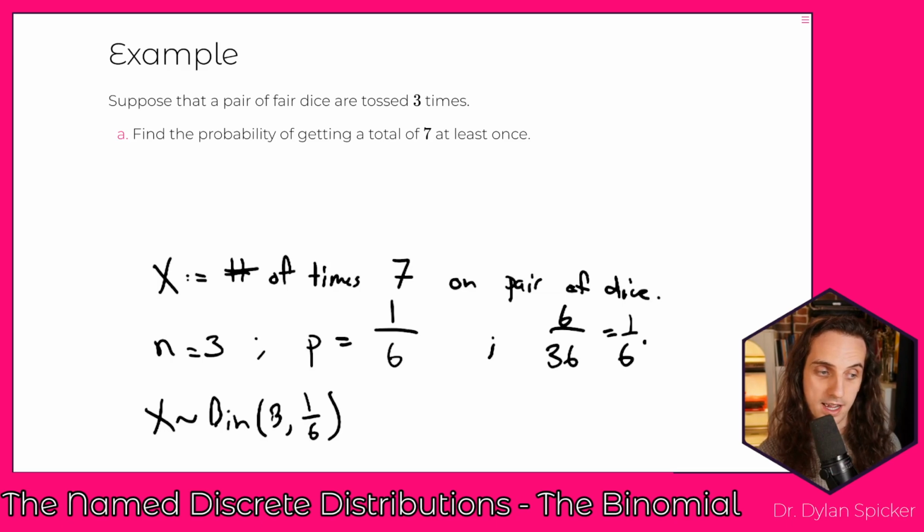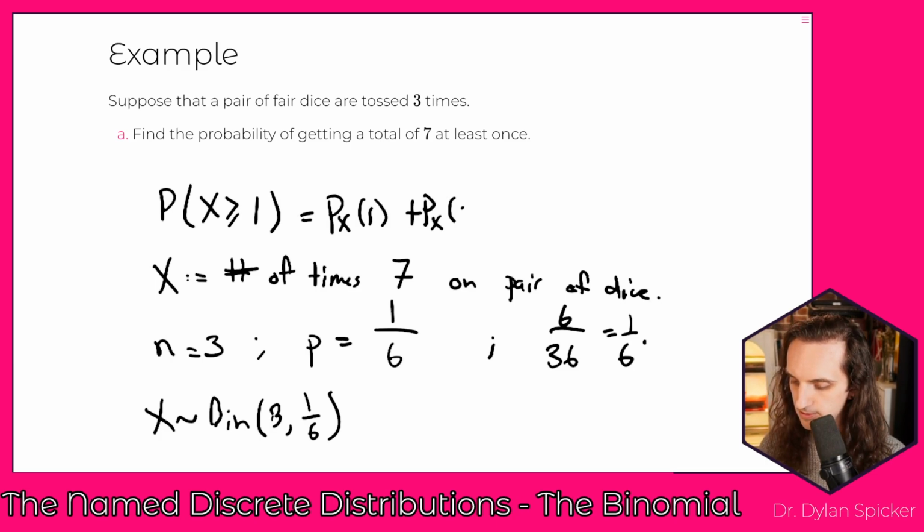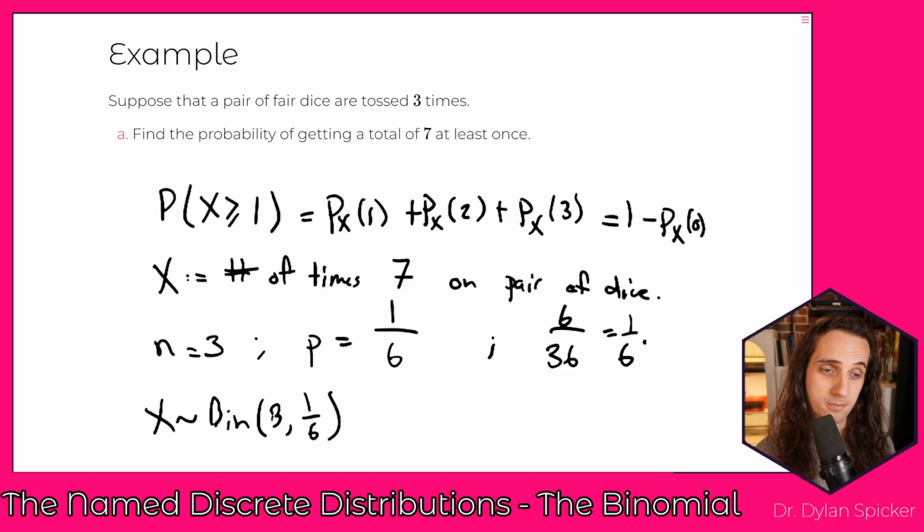Okay. And so what do we want here? Well, we want to know, what's the probability that we get a total of a 7 at least once? And so that's the probability that X is greater than or equal to 1, right? We can either write this out as the probability that X is 1 plus the probability that it's 2 plus the probability that it is 3, or we can say, well, that's 1 minus the probability that X is 0, right?